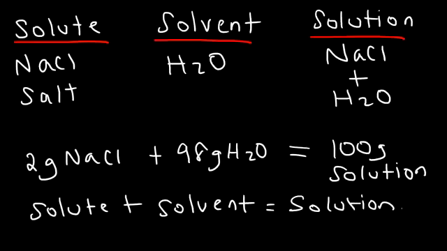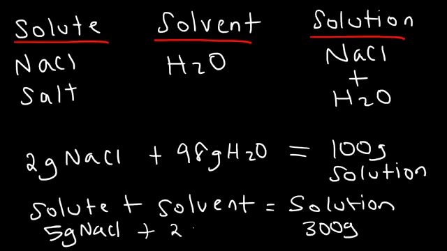So let's say if I have 300 grams of solution and 5 grams of sodium chloride, I can figure out how much water is in the solution. So that would mean that I have 295 grams of water, because it has to add up to 300. And so there's a mathematical relationship between the solute, solvent, and the solution.